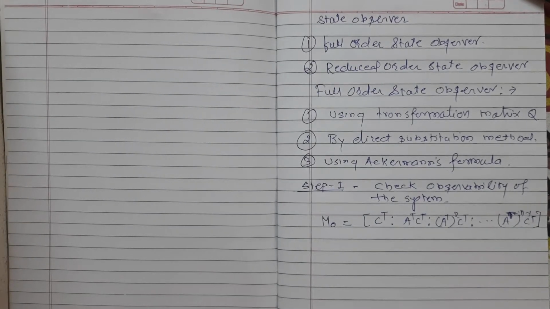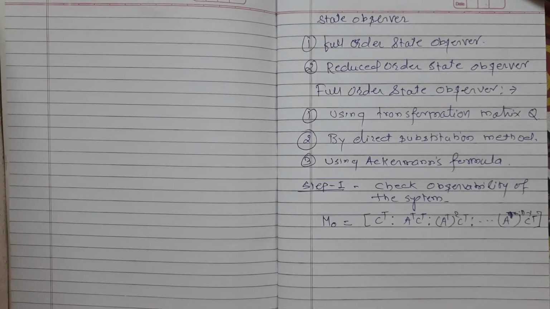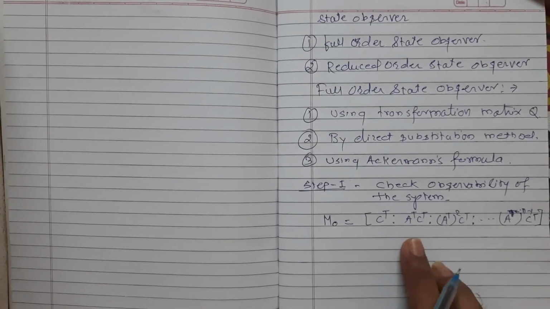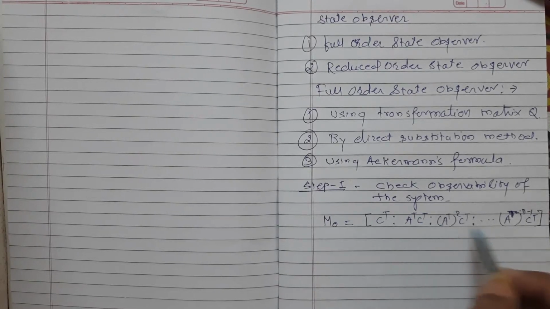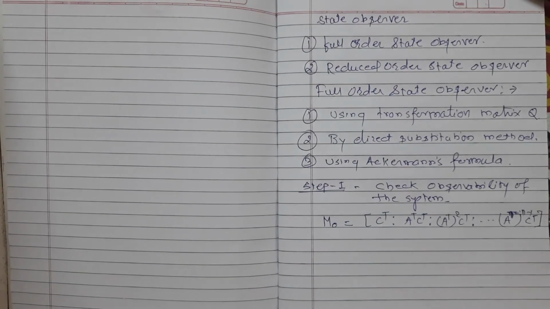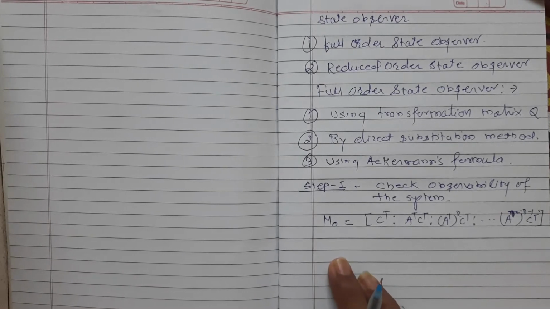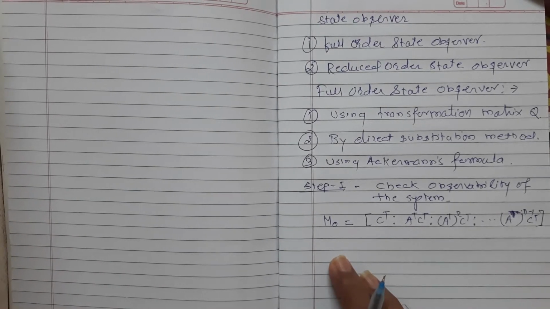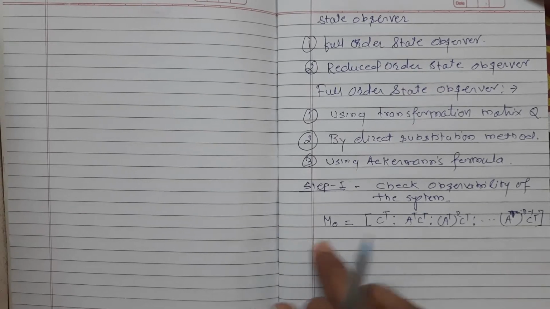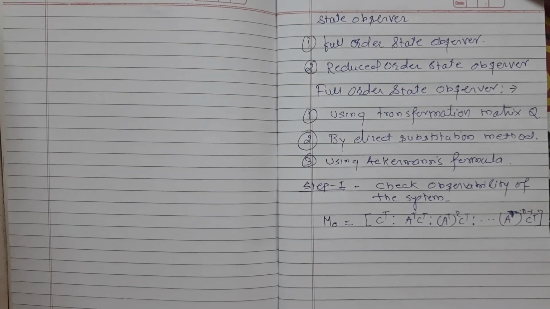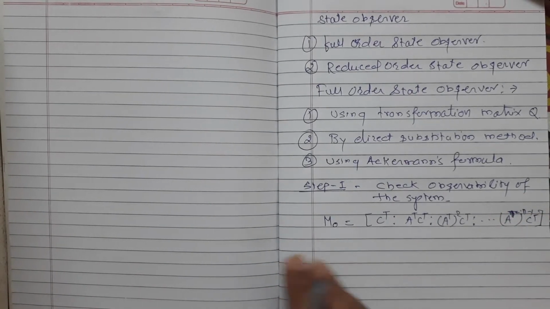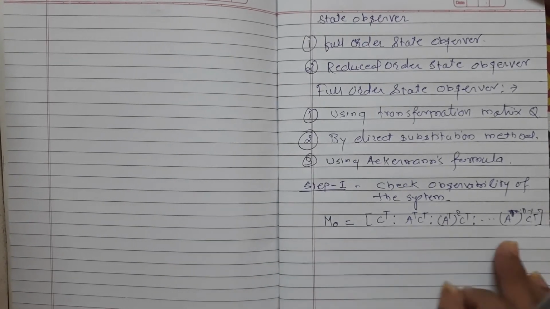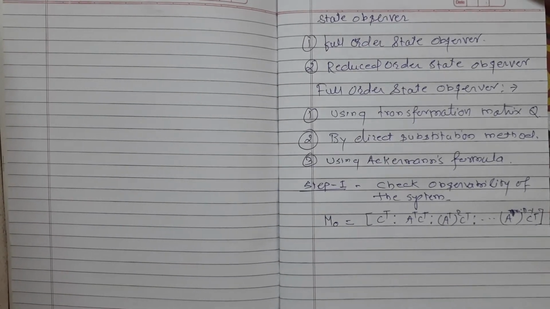Here put in the values of C transpose and A transpose, calculate them, and check whether the matrix is of full rank or not. If it is full rank, then the system is observable. If it is reduced rank, then it is not observable. We have already done this in many numericals, and the same way we will apply here.